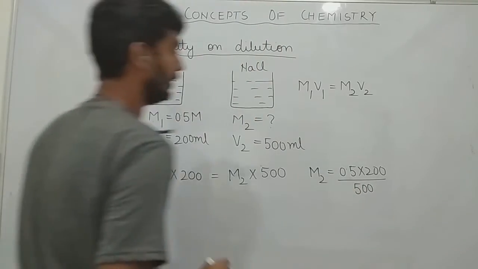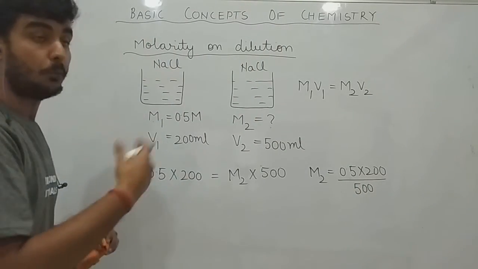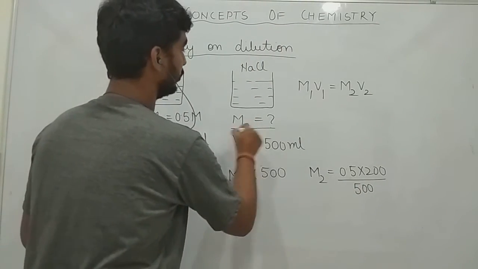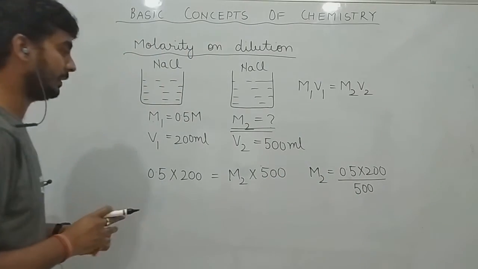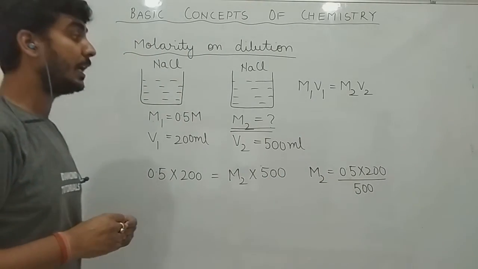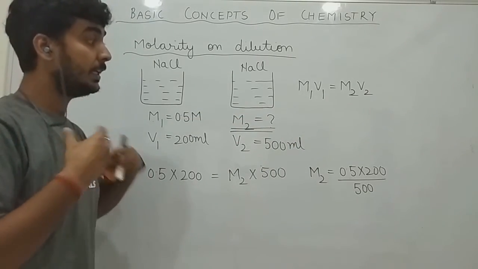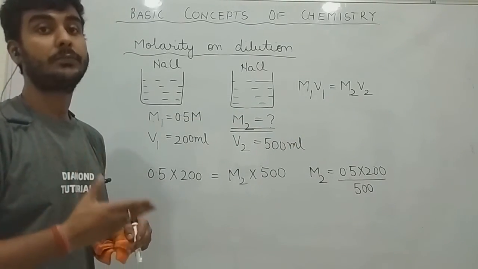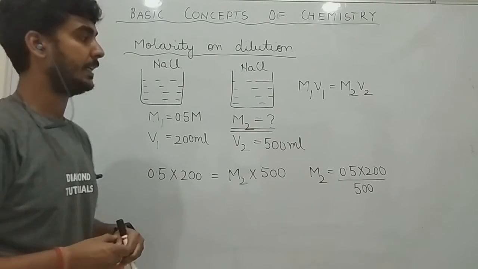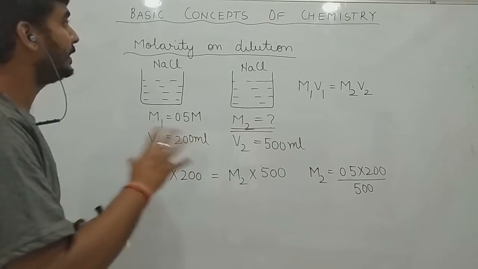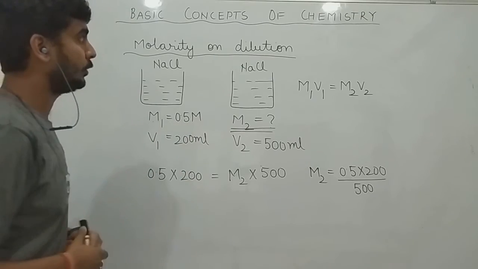Whatever answer you get, it will be the molarity of this solution. Kindly calculate this. So this is how we can use this expression to find the molarity of the resulting solution on dilution. So this is one aspect of molarity.